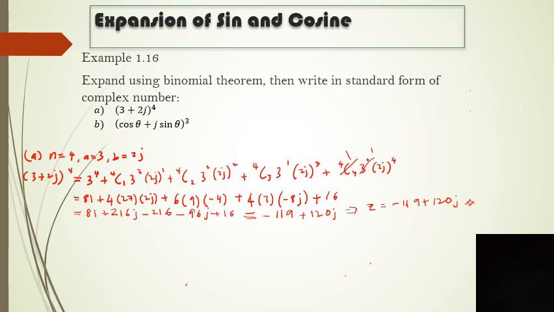So now let us do for b. For b, a is equal to cos theta, b is equal to j sin theta, and n is equal to 3. So (cos theta + j sin theta)^3 is equal to, first a^3 because n is 3.